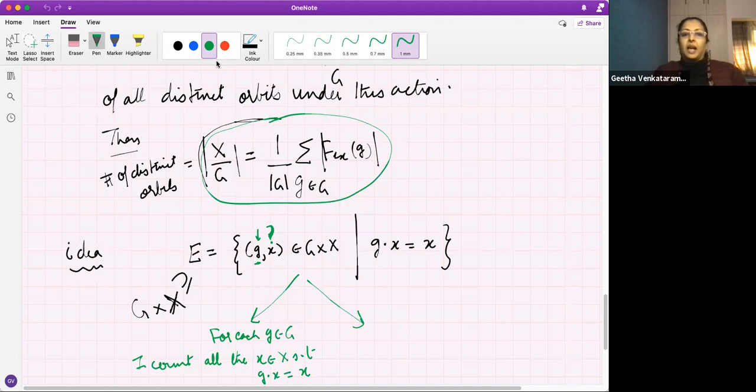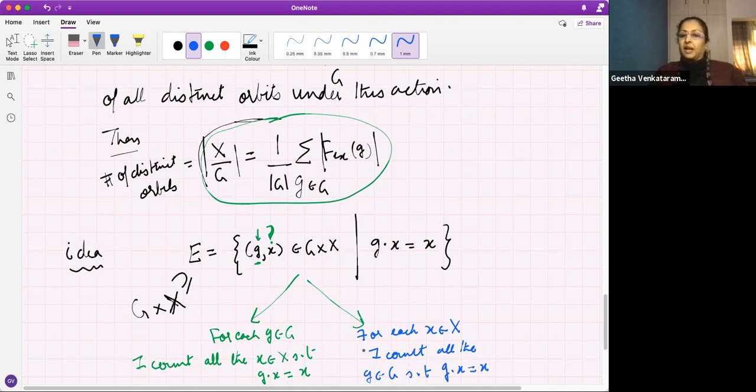On the other hand, in the other direction, I can fix x for each x in X, and I count all the g in G such that g dot x is x.